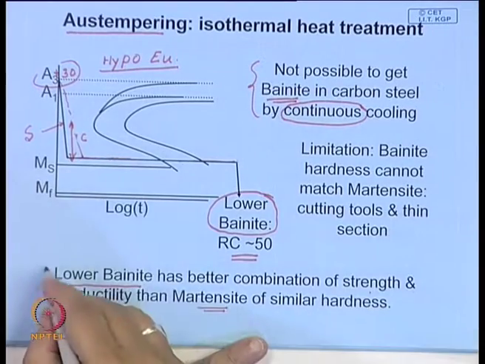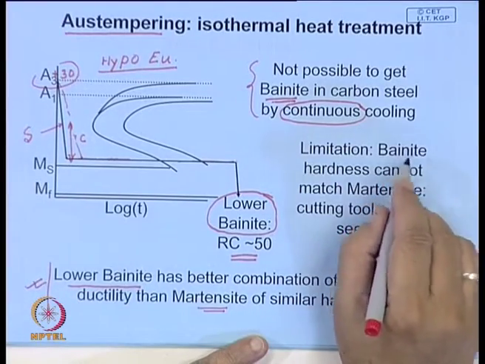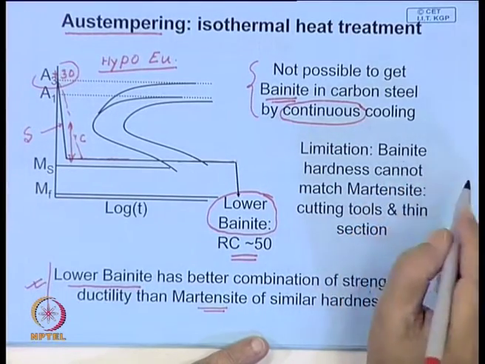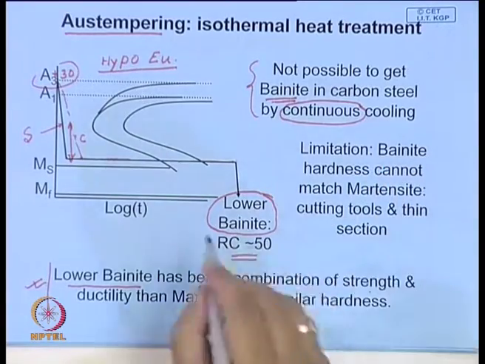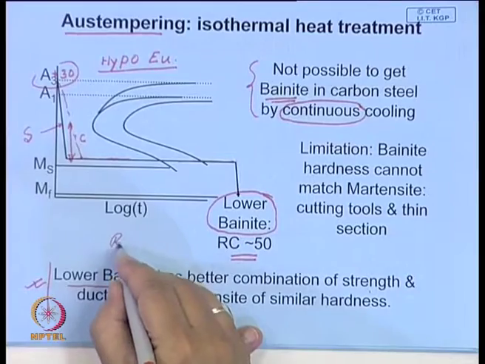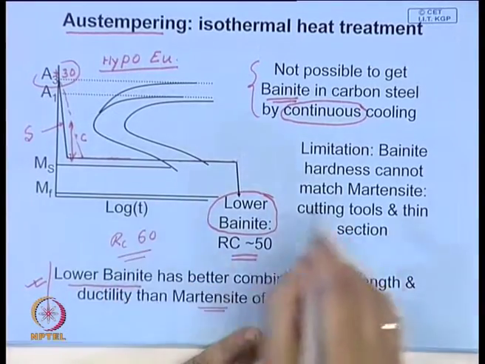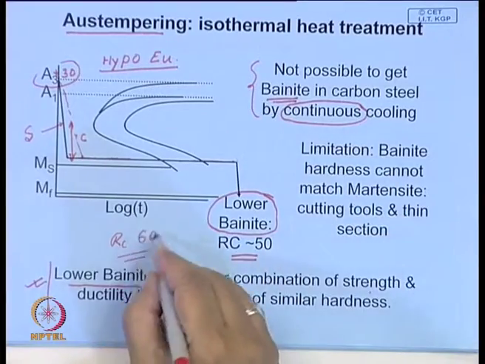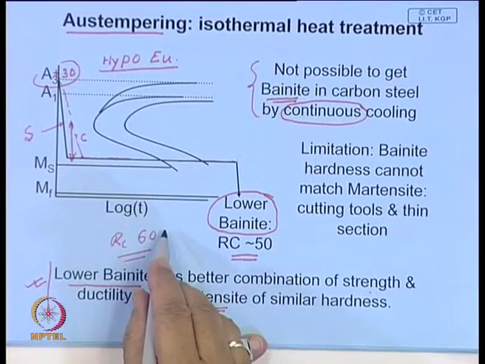So, this is quite an attractive proposition, but what is the limitation? One limitation is in bainite, you cannot get the hardness of the order of, let us say, RC around 60, which is needed for cutting tools. So, the hardness cannot be matched. For that kind of application it may not be suitable.